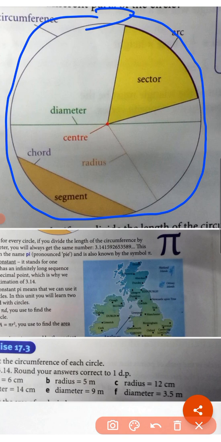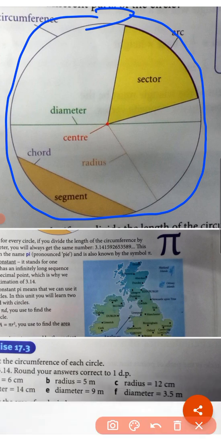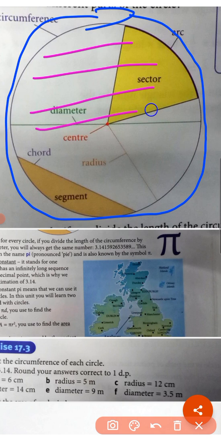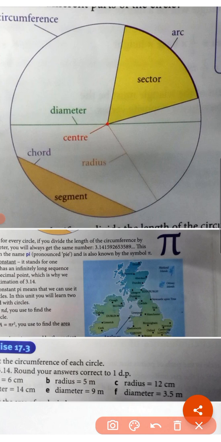Area of the circle describes the amount of space covered by the circle. This portion is the area of the circle. Okay. Let me explain this once again.